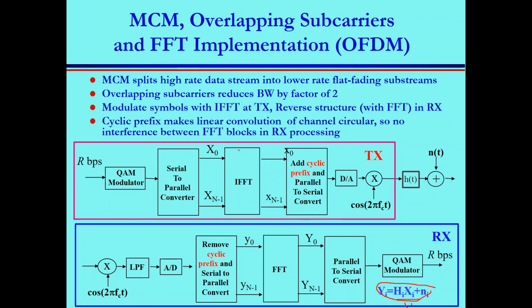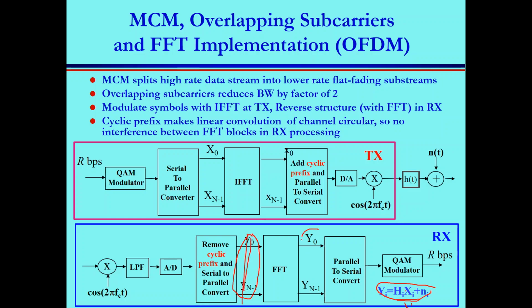So when you add the CP, your linear convolution goes to circular convolution. When you have circular convolution, the convolution can be transformed to multiplication in the frequency domain. And here, at this point, you can do your equalization.